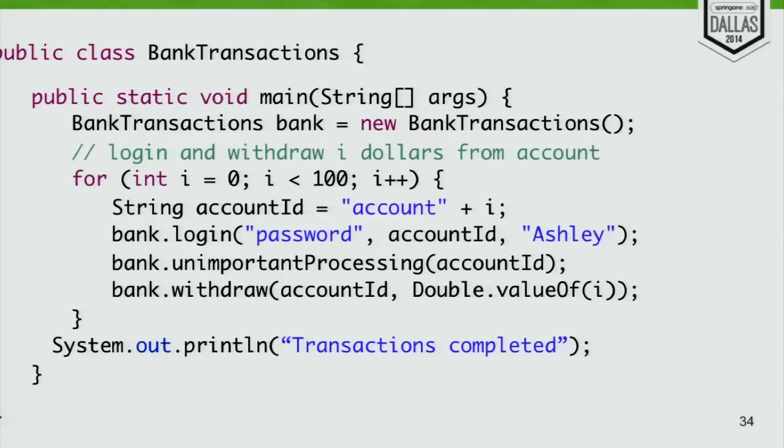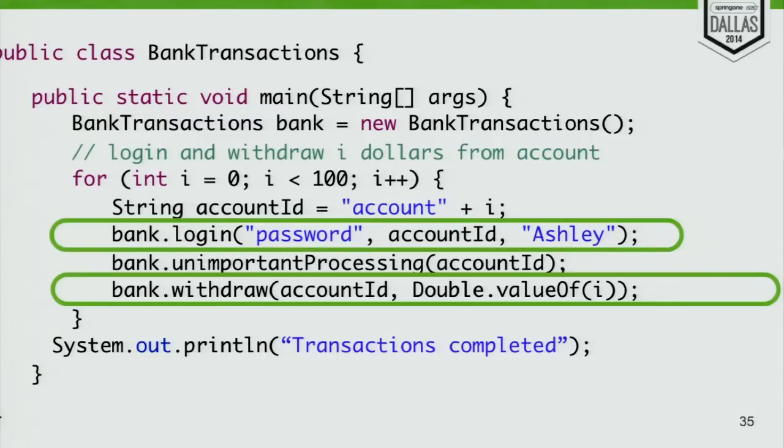So I've written this extremely simplistic bank transactions class here that just does 100 transactions, logs in as Ashley with password, does some processing, withdraws some money, and then prints out transactions completed. I would identify the important actions here as logging in. We want to know every time someone logs in and every time they withdraw some money.